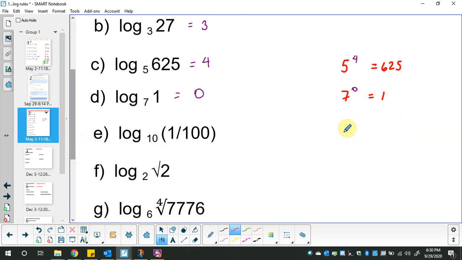What power on 10 is equal to 1 over 100? And we still have to use the fact that this is a fraction, so it's a negative, and 10 to the 2 is 100. So our answer here, even though you may not like this language, you're stuck with it, your answer here is negative 2.